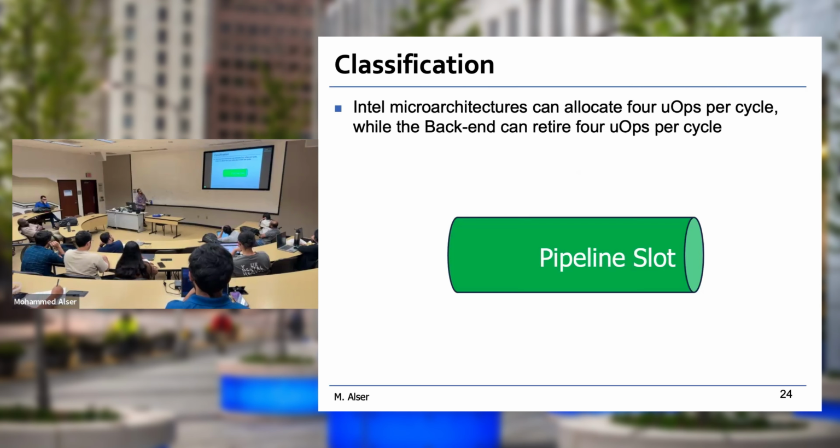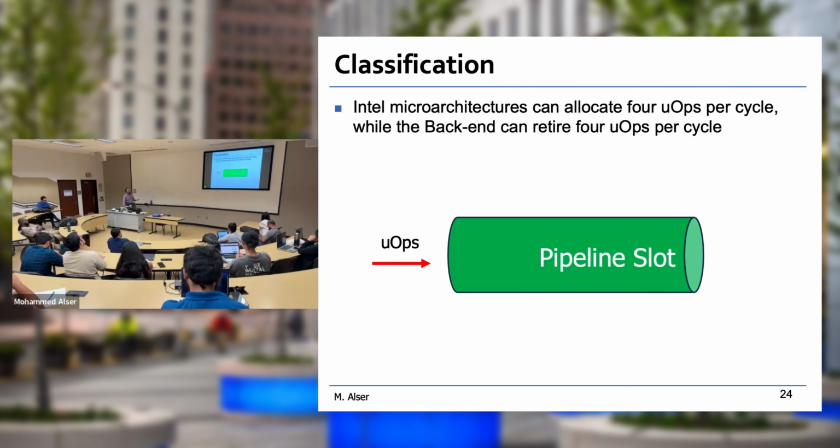Most Intel microarchitectures are able to handle 4 micro operations per cycle at the pipeline slot. And at the back end, they can also retire 4 micro operations per cycle, meaning that 4 instructions can enter the pipeline slot and 4 of them can exit per cycle. Only 4 of them can retire, and the rest can still be processed or delayed in the pipeline slot because they cannot retire now. They have to wait for the next cycle.